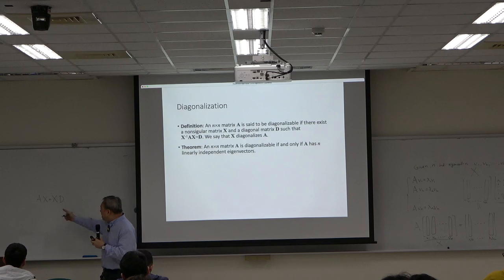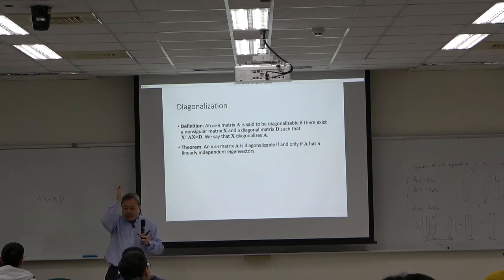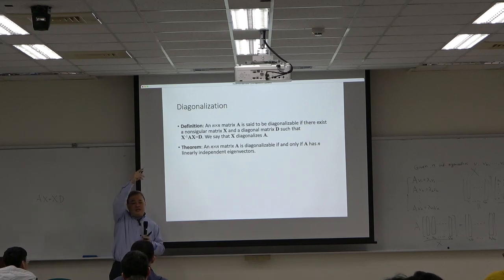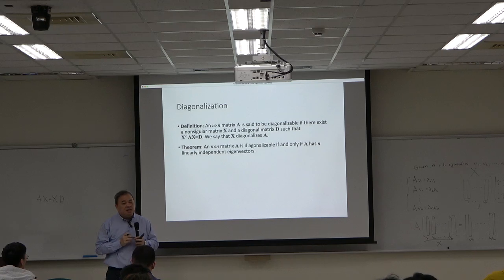Where X is composed of n column vectors, each coming from an eigenvector. And D is the diagonal matrix, the diagonal elements representing the eigenvalue for the corresponding eigenvector.